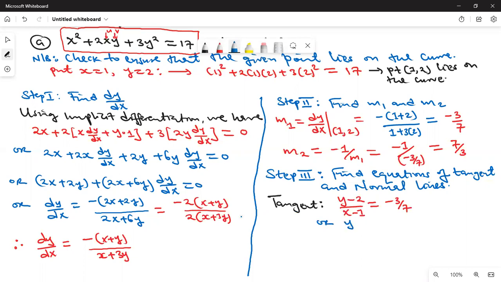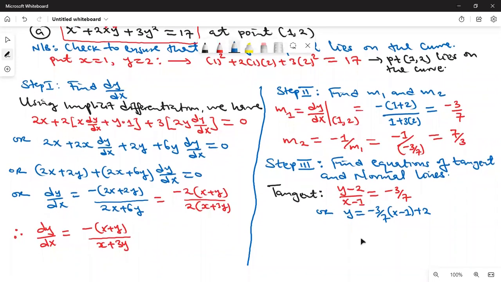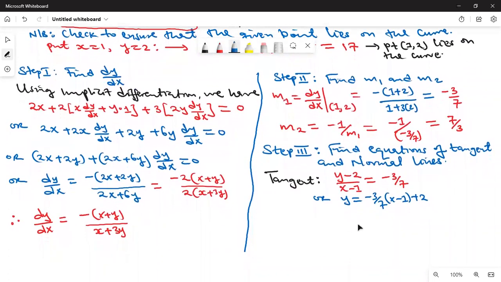Or if you make y the subject, you're going to get y is equal to negative 3/7 into (x minus 1), then you add 2. Of which you can also write this, if I open the bracket on the right hand side, as y is equal to negative 3/7 x plus 3/7 plus 2.